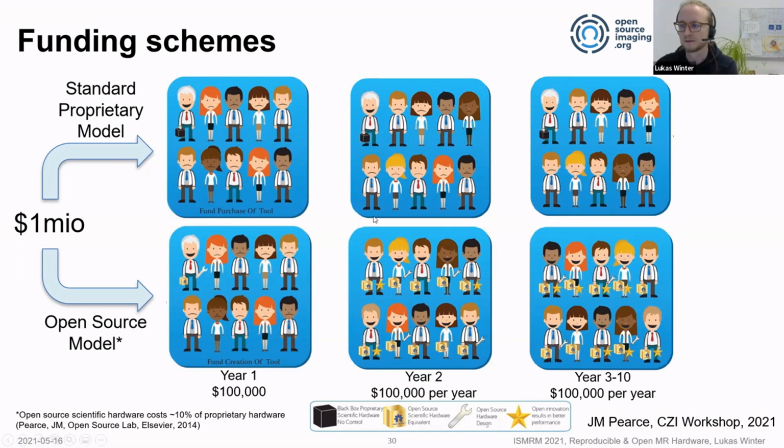For example, if you have this $1 million and then you have the current standard model of distributing it to researchers, you have some funding scheme where people are applying, and typically like 10% get their application through, while the others are of course not very happy. And in this particular case, the old white gray-haired man that already has the resume gets the money. And this continues over 10 years.